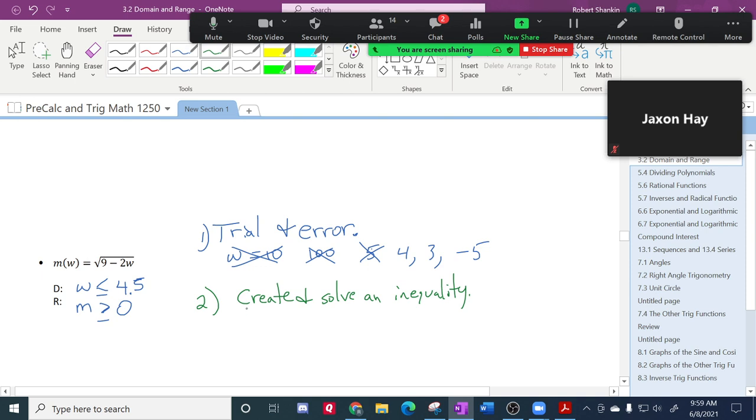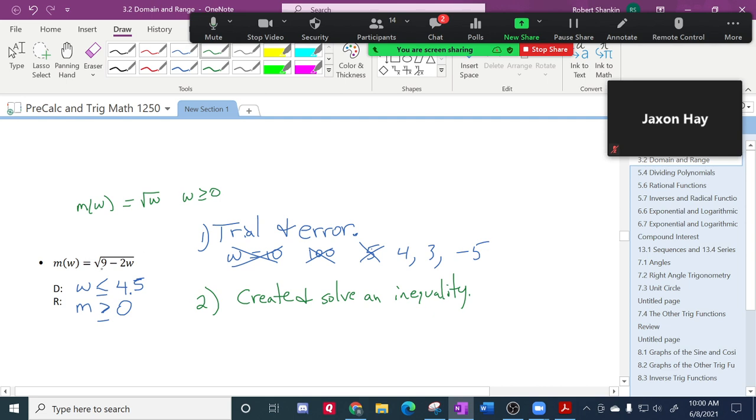And this will get us to exactly the same number. So, for instance, suppose this had been M of W is equal to the square root of W. We would have quickly said, oh, I know this. W must be greater than or equal to 0.